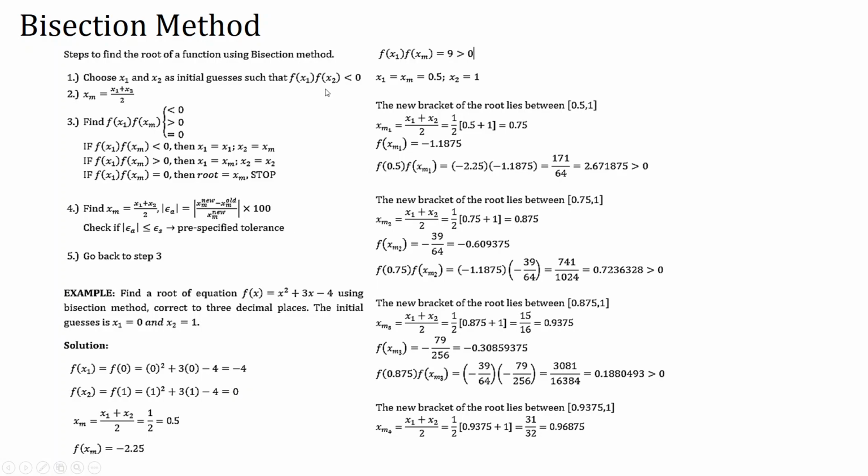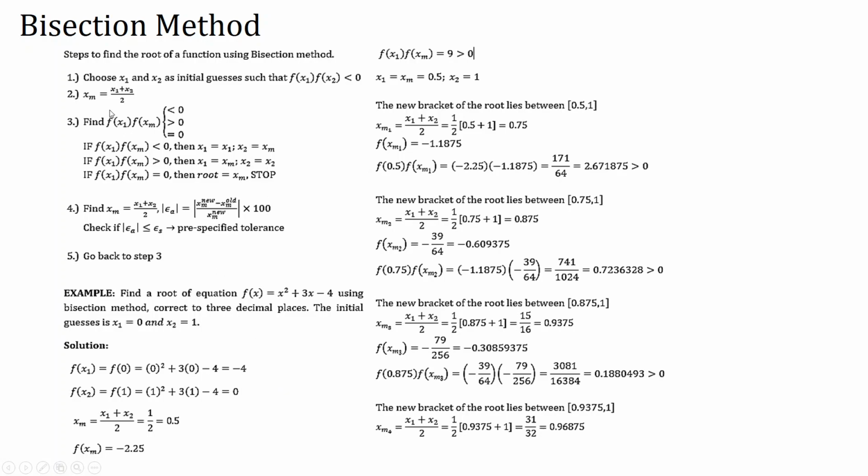So if I evaluate f of x1 times f of x2, that is negative 4 times 0, that is 0. So it falls here that if f of x1 times f of x2 is 0, then we have already found the root, which is negative 4.